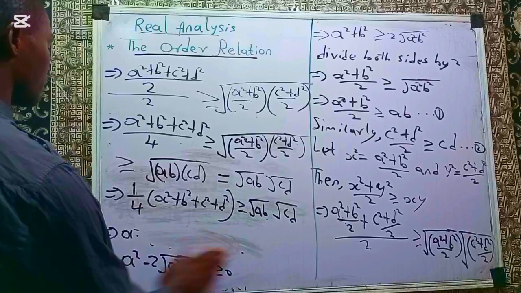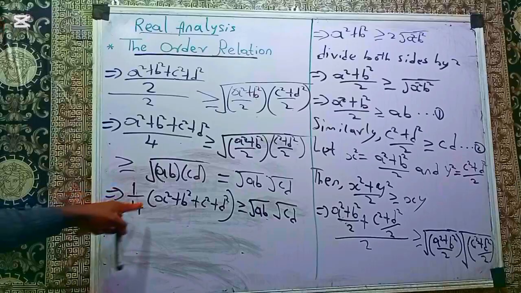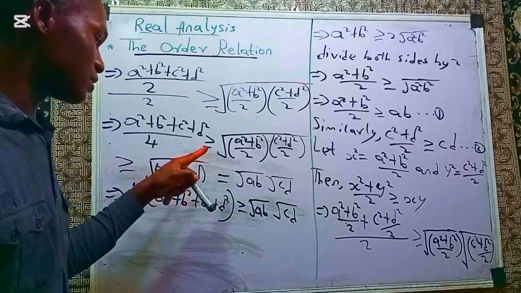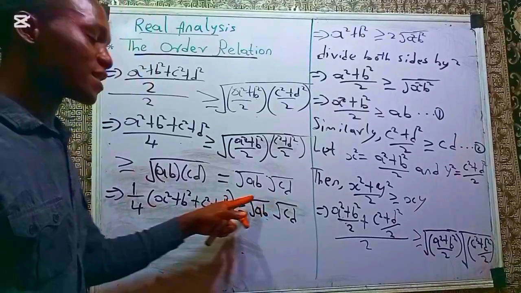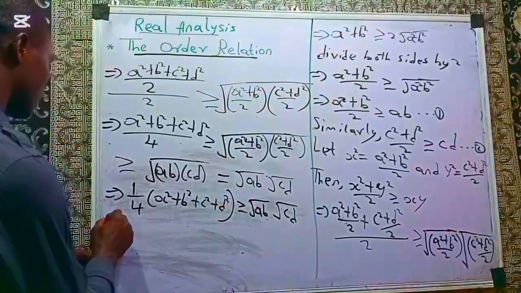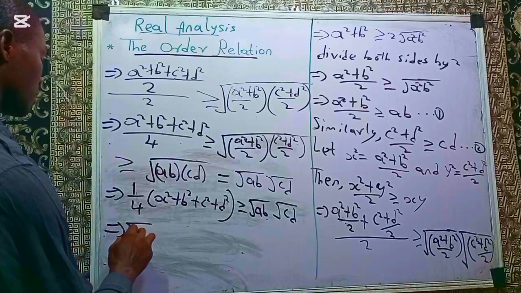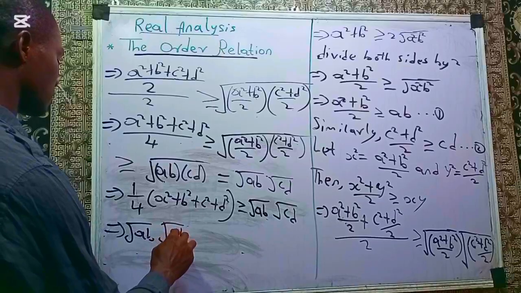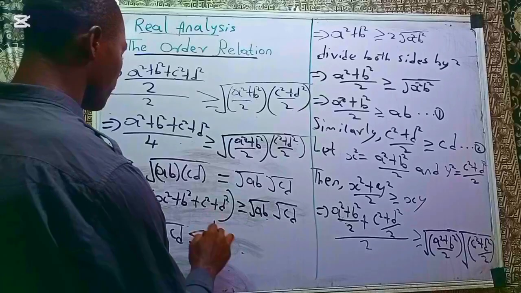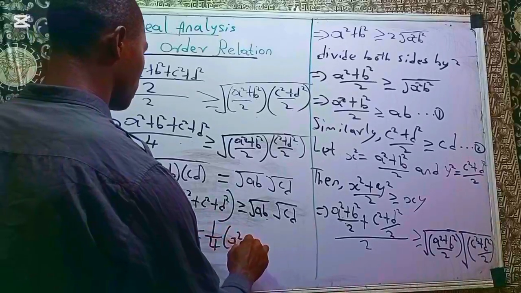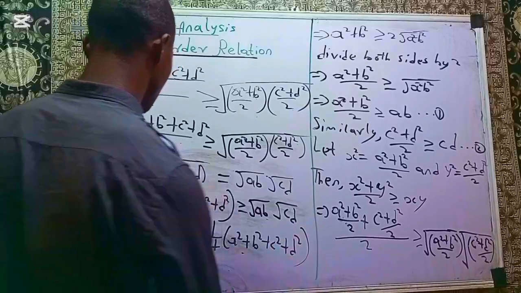So if we have that 1/4 of a squared plus b squared plus c squared plus d squared is greater than or equal to square root of ab times square root of cd, it implies that square root of ab times square root of cd will be less than or equal to 1/4 of a squared plus b squared plus c squared plus d squared. So this is what we have.